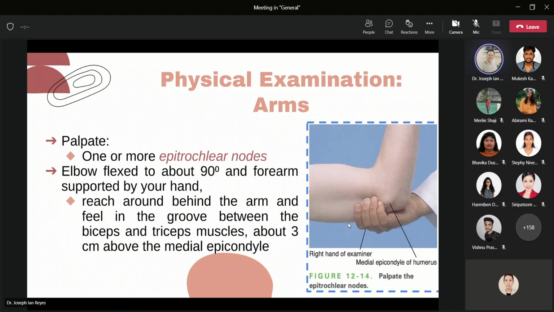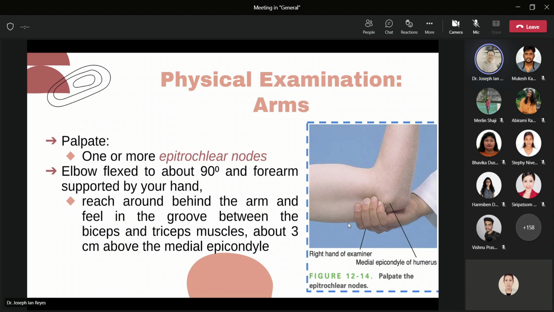Then, for physical examination, you can also palpate the epitrochlear node, especially if you are thinking of possible lymph obstruction or infection. So how to do this? Flex the elbow to 90 degrees. Support your patient's forearm with your hand.